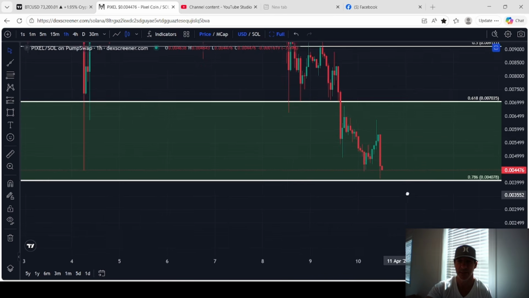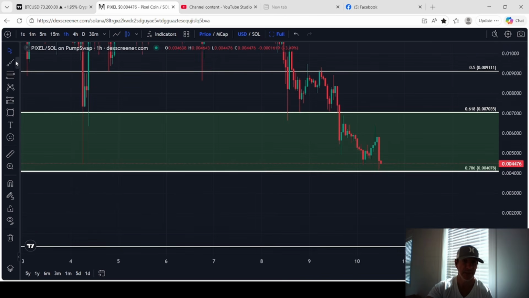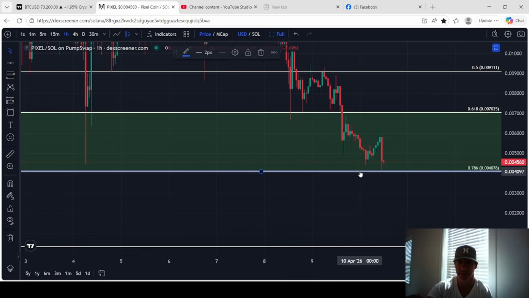Now if we break this area right here, let's put in a line right here. Make it a blue line. So this is the 0.786 where we want to hold.